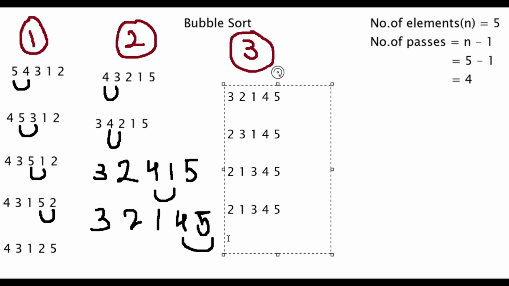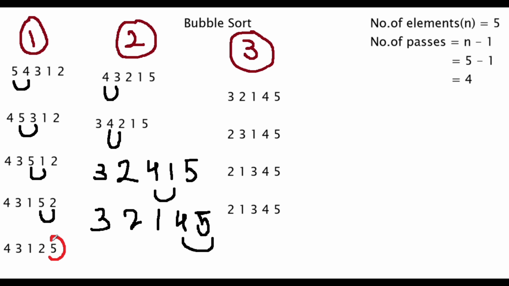That's all. So guys, before going to the last pass, I would like to say one thing. See guys, this is very important to be noted. Every time, one element will be settled at the correct position. 5 settled, and in the second iteration 2 elements have been settled, 4 and 5, and in the third, 3, 4, 5, 3 elements have been settled.